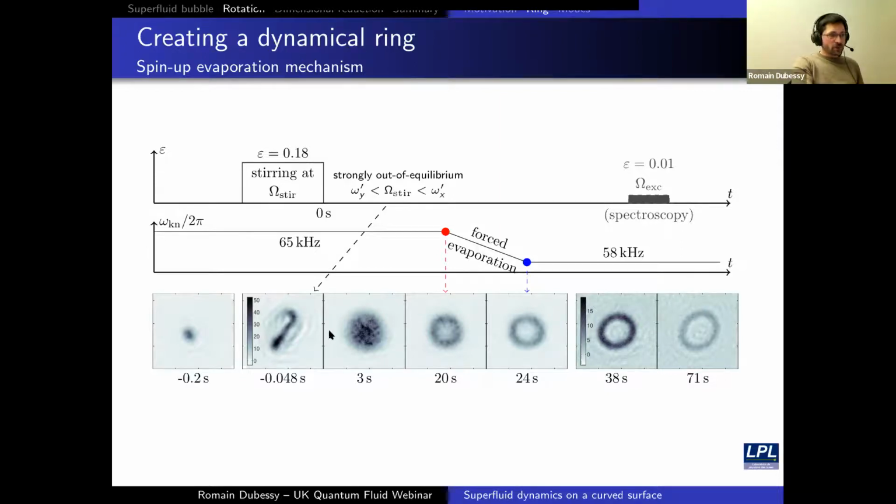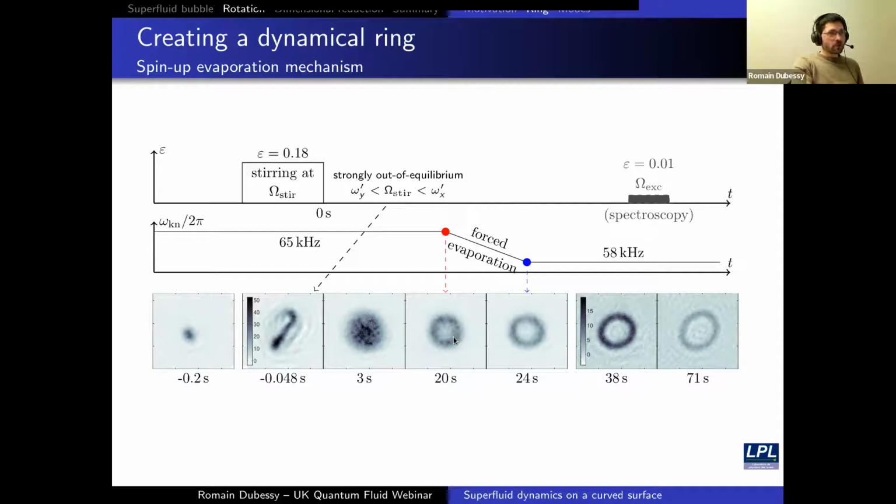And after some time, the system relaxes to a symmetric trap. So I must say that these are in situ images, so inside the trap. And we see that progressively there seems to be less and less atoms, and at the same time we start to see a depletion in the center.